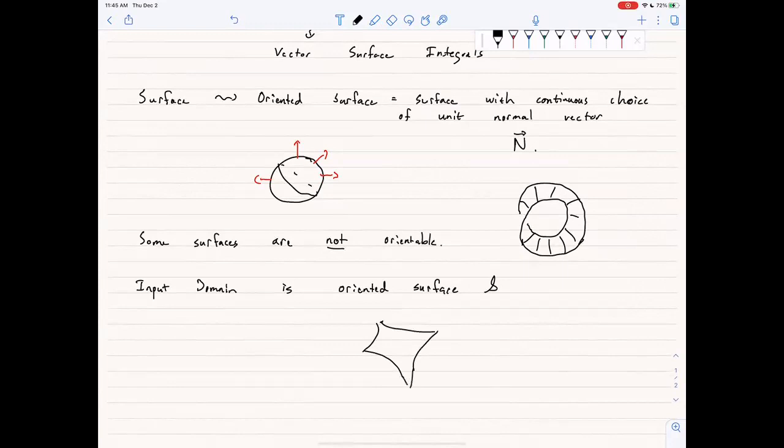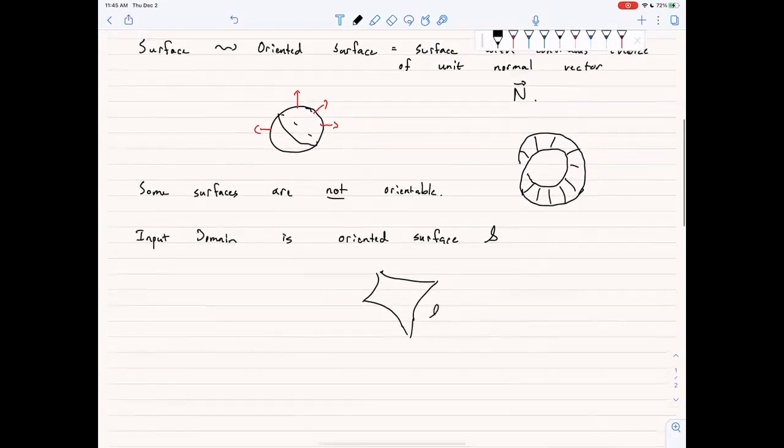Let's say this is our S, or at least a piece of our S. Now, we're going to have this normal vector field n at every point. Our input domain is S, oriented. What is our input integrand? It's going to be a vector field.